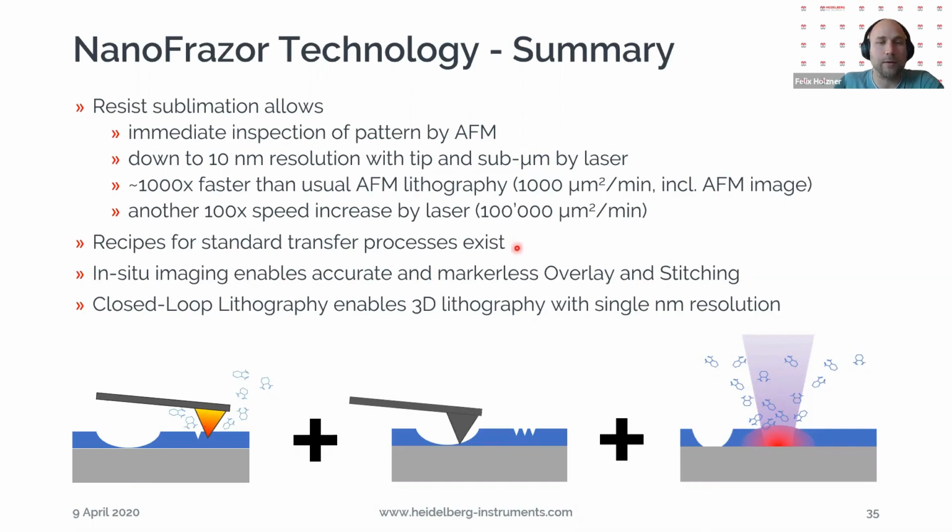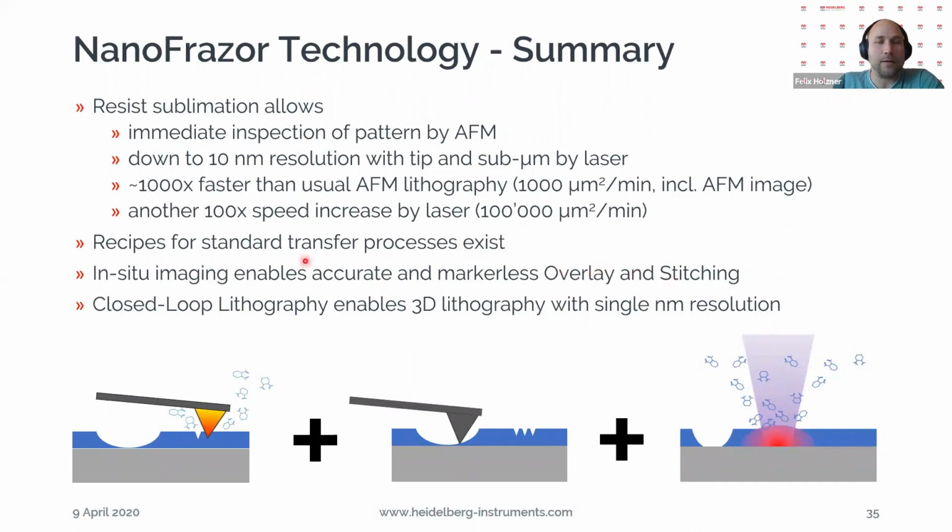We will talk about that in separate webinars, but also we support our customers with all these processes, because in the end, what we want is that our customers quickly manage to make advanced nano devices. And sometimes the difficulty is not the lithography, it's more how to do the next steps. And here we support our customers as well.